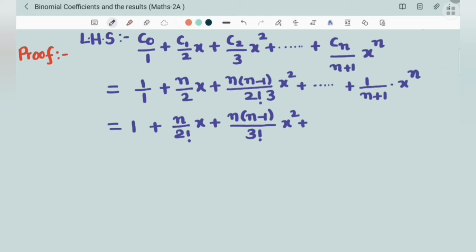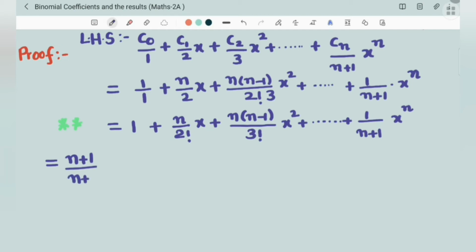Plus and so on, even here 1 by n plus 1 into x power n. From this step onwards, concentrate carefully. Here I am giving one star mark also. From this step onwards, there is a turning step. Keep in mind, the turning step, which is here multiplying and dividing the numerator and denominator with n plus 1.